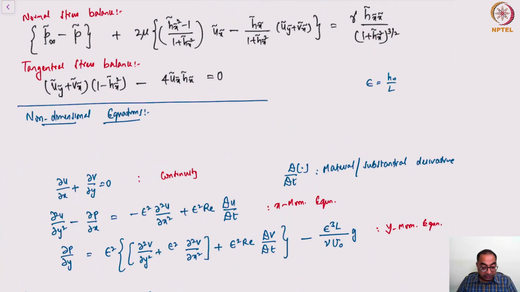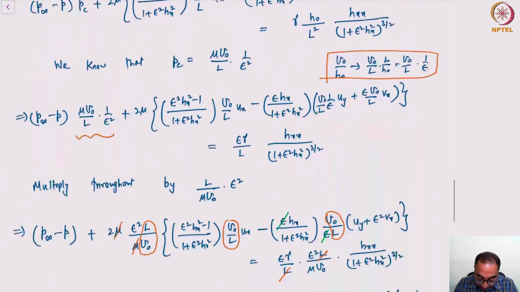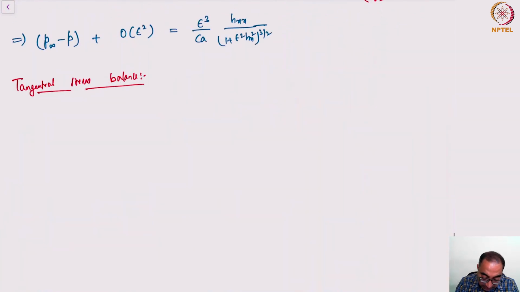That's what we have. Now let's write down the non-dimensional version of this equation. So I'll straight away write down the non-dimensional version. What do we have is u tilde y tilde. So that becomes u naught by h naught uy plus v tilde x tilde, that is epsilon u naught by L Vx.